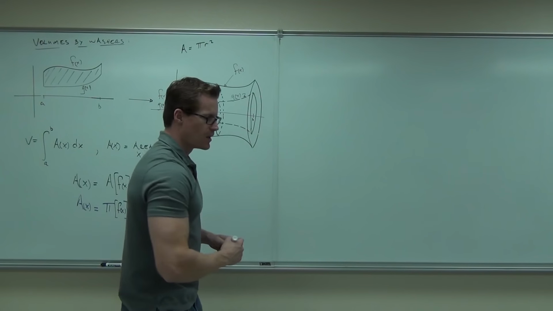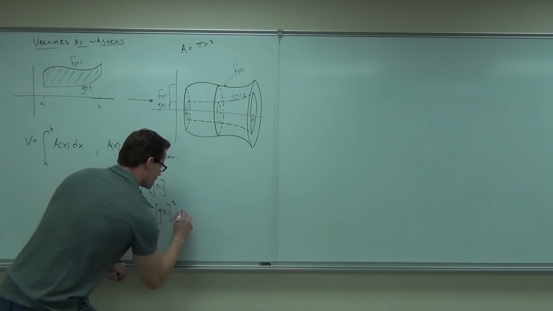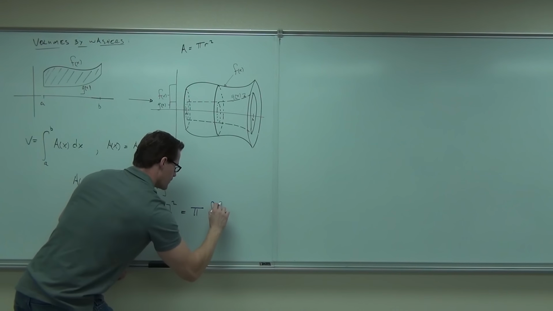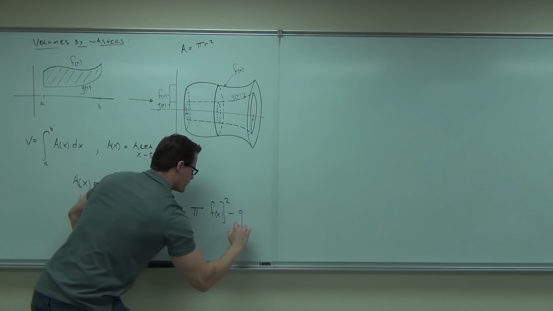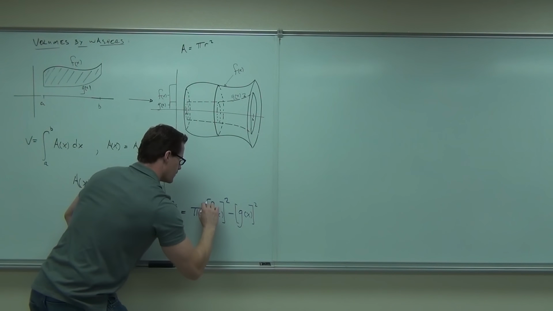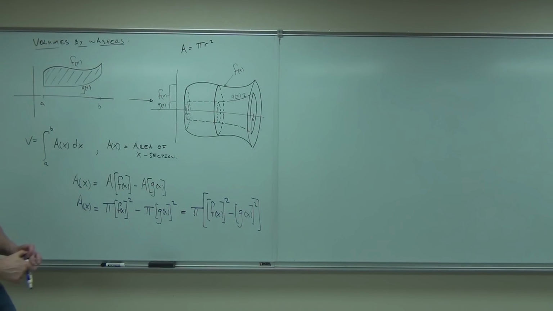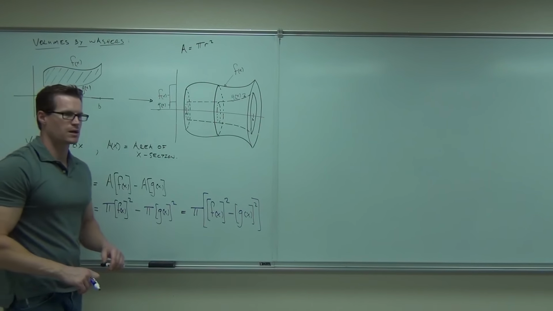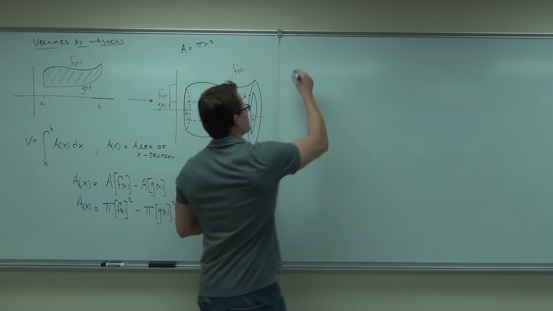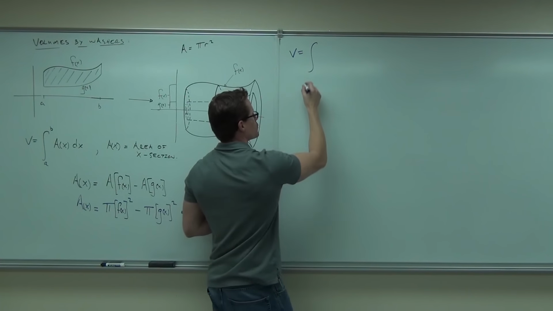If we want to be a little bit fancier about this, we'll probably just factor out the pi. Just factor the pi out. And then what that says is we actually have the expression for A of x that we're looking for. The volume is an integral from a to b.